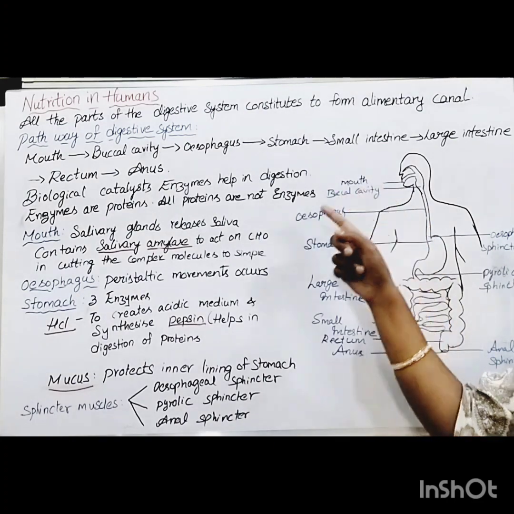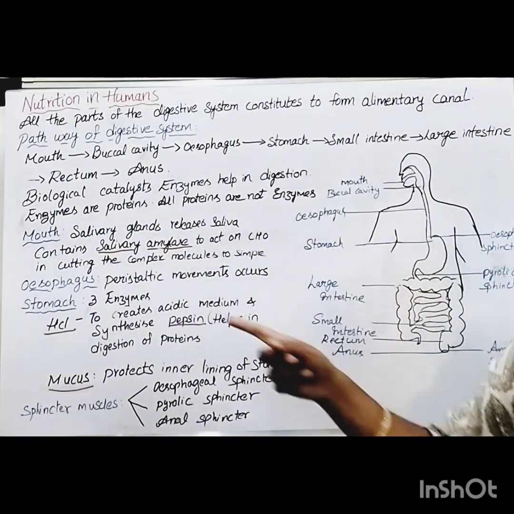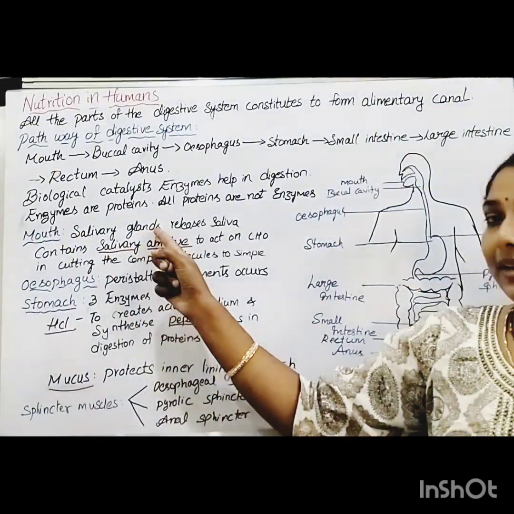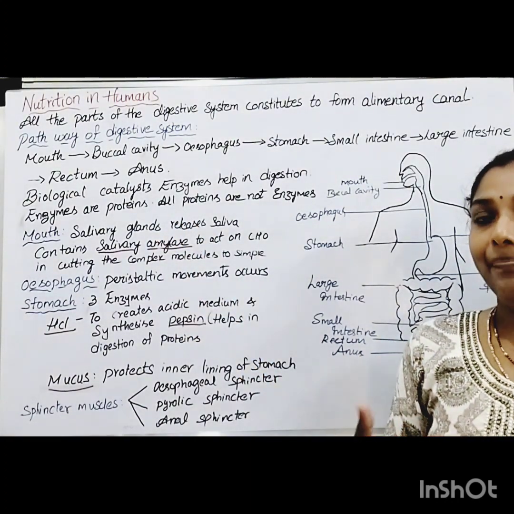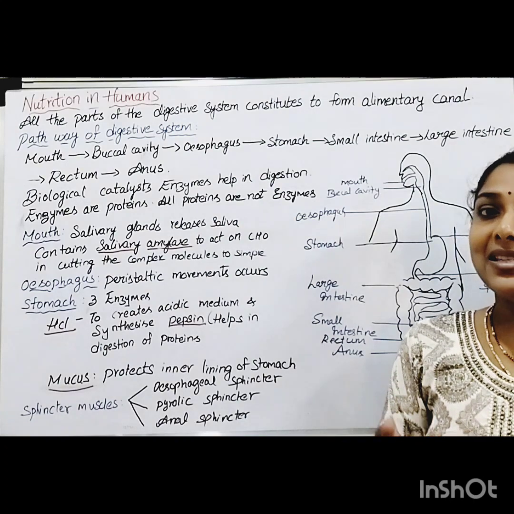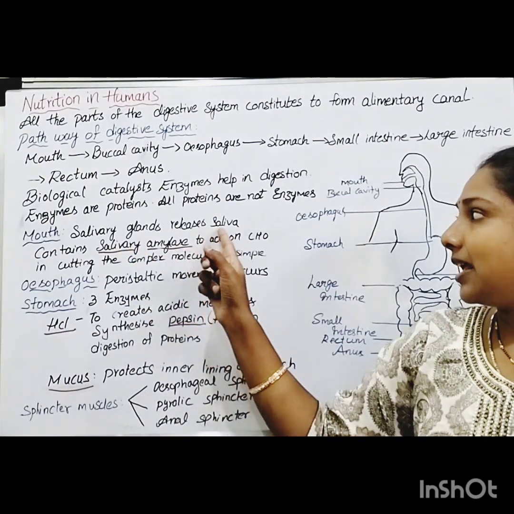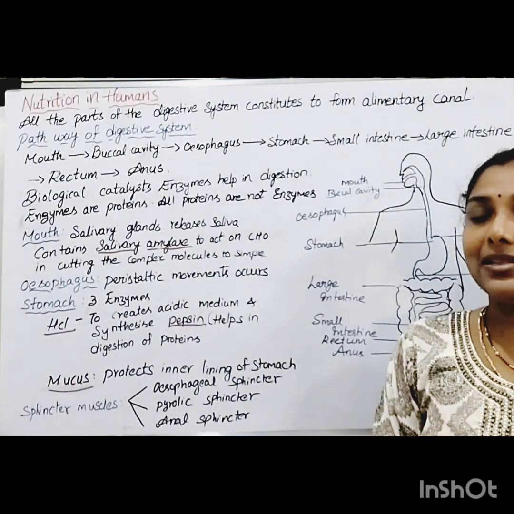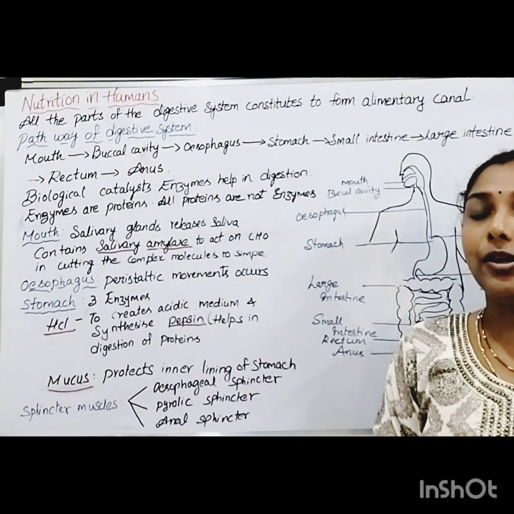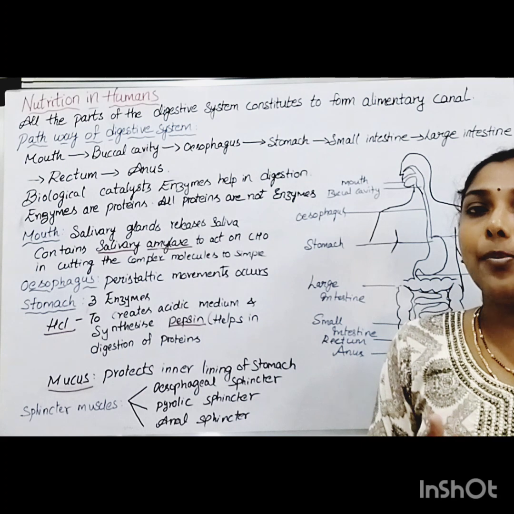The mouth consists of salivary glands, which are useful to release saliva. Saliva consists of salivary amylase. This amylase is helpful to break down or act upon carbohydrates.